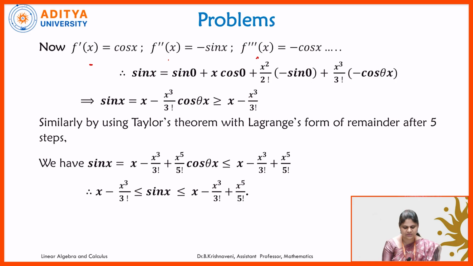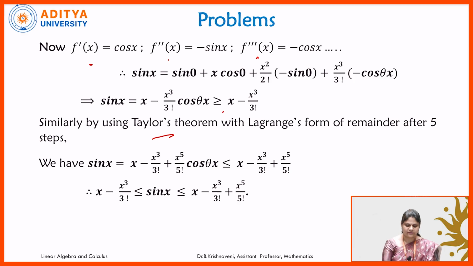We got sin x is equal to sin 0 plus x cos 0 plus x square by 2 factorial into minus sin 0 plus x cube by 3 factorial into minus cos theta x. So from this, what you got, sin x is equal to x minus x cube by 3 factorial into cos theta x. It is ultimately greater than or equal to x minus x cube by 3 factorial.